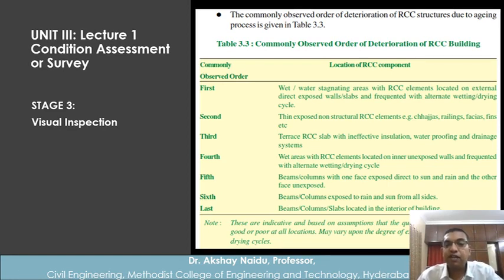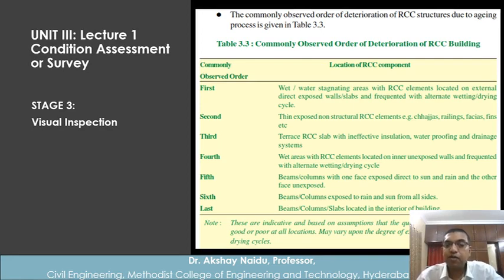Then wet areas with RCC elements located on inner unexposed walls frequented with alternate wetting and drying cycles. Exposed walls are easy because we see them. We will know that we need to address it. But unexposed walls become a problem. We won't even know. So for unexposed walls, if there is some leak, we have to identify it.